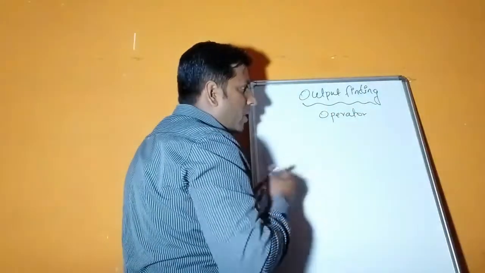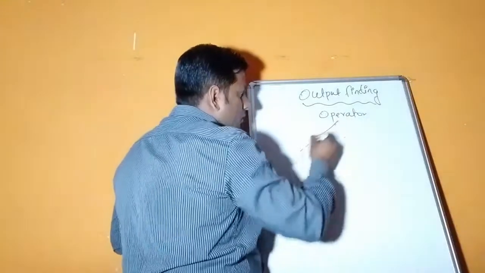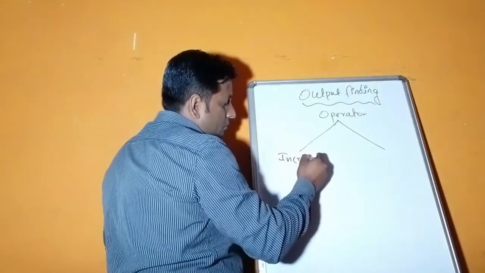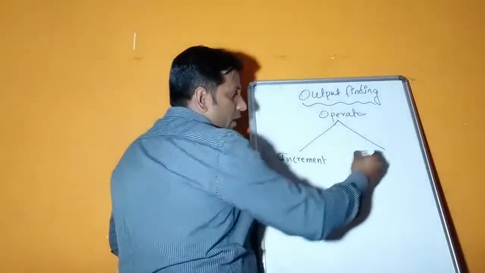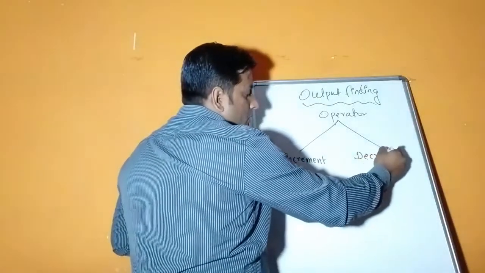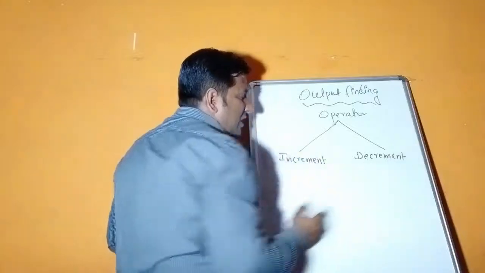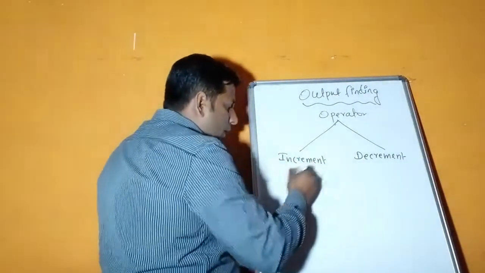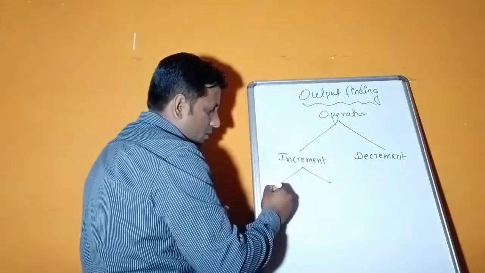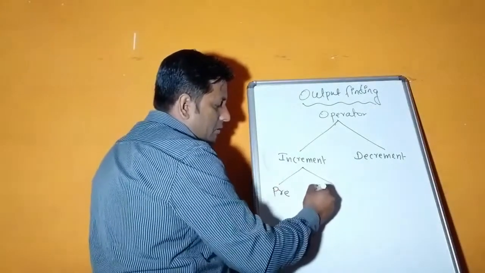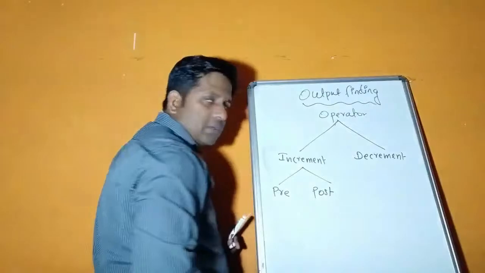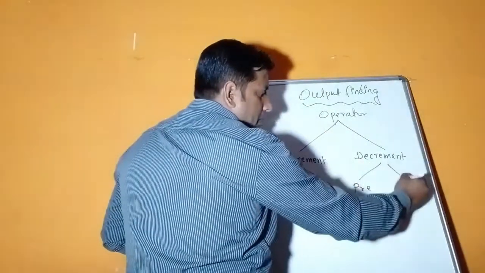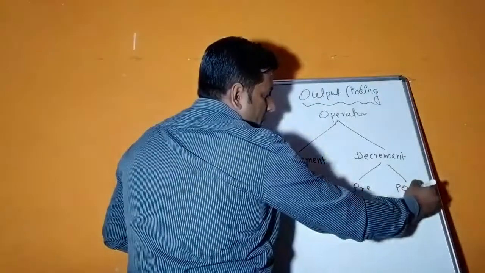For output finding we have two different types of operator. One is increment, the other is decrement. Again, increment has two types: pre-increment and post-increment. Same way for decrement we have two types: pre-decrement and post-decrement.